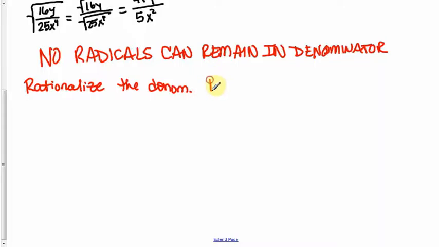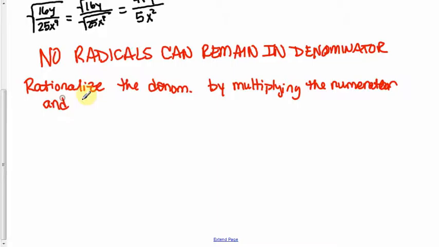We're going to do so by multiplying the numerator and the denominator by the same radical that, and I'm going to just put it out there, that we have to think of.